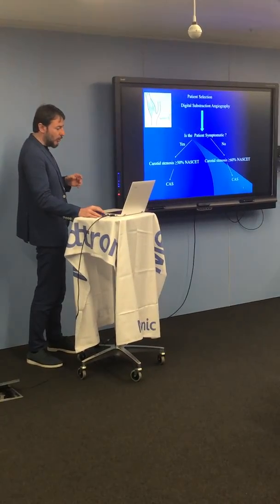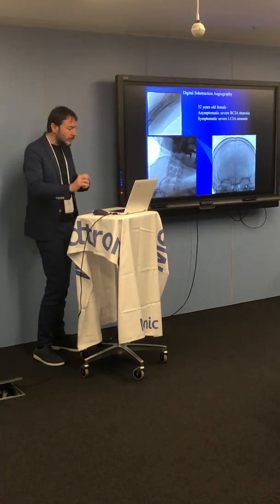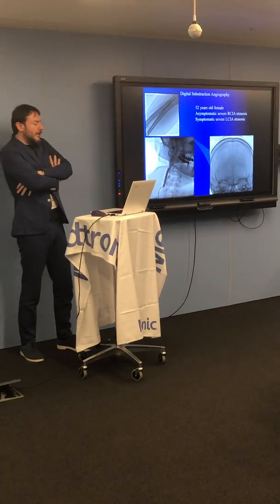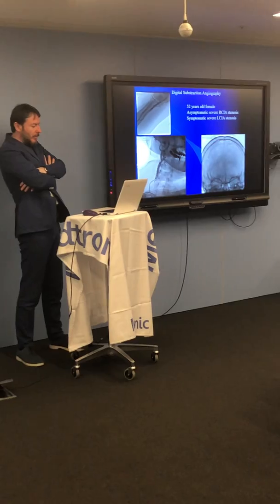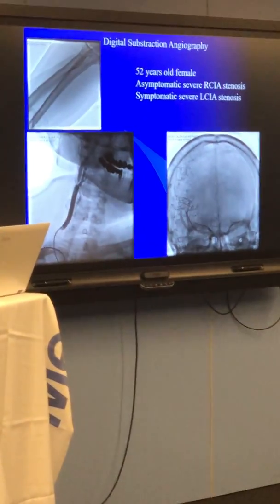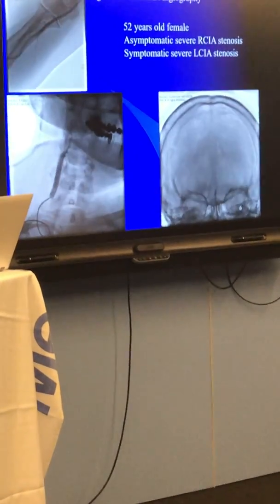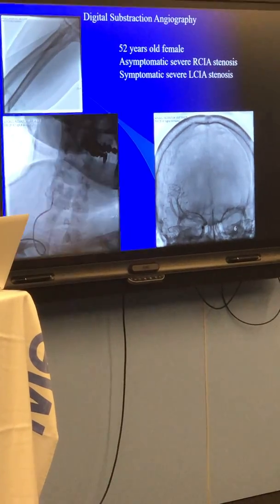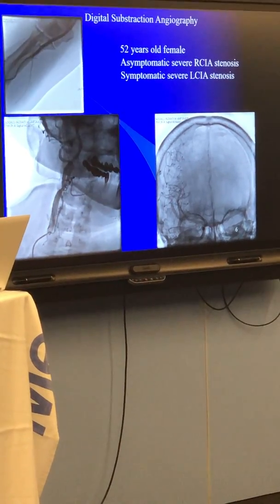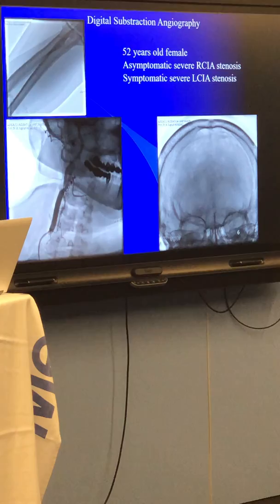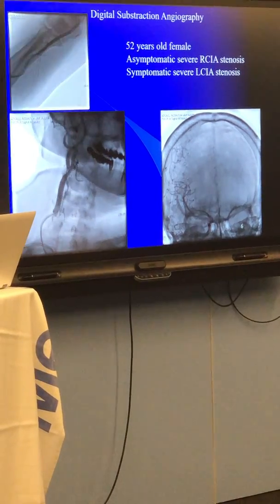I am going now with this case here. This is a 52-year-old female. My default approach in carotid intervention and angiography is the radial approach. And firstly, I do the digital subtraction angiography.